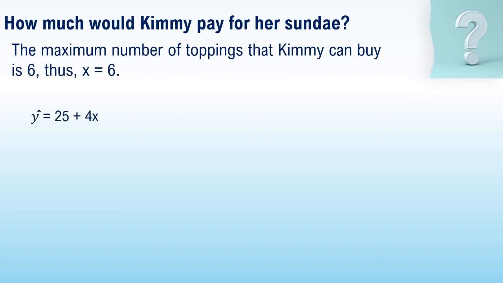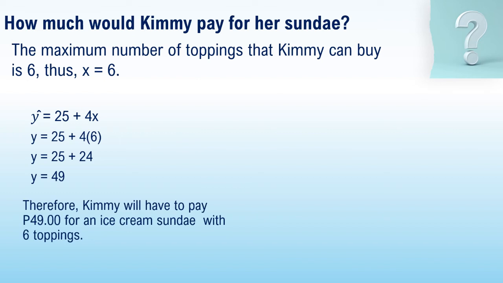We now substitute this in our regression equation y is equal to 25 plus 4x. So we have y equals 25 plus 4 times 6. 4 times 6 is 24. So we have y equals 25 plus 24. Therefore, y is equal to 49.